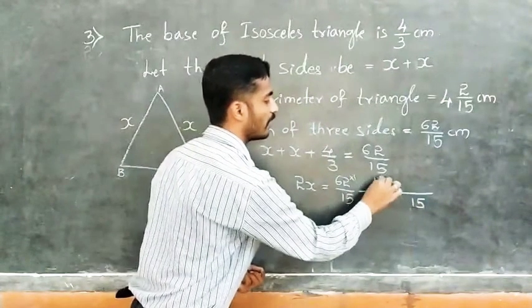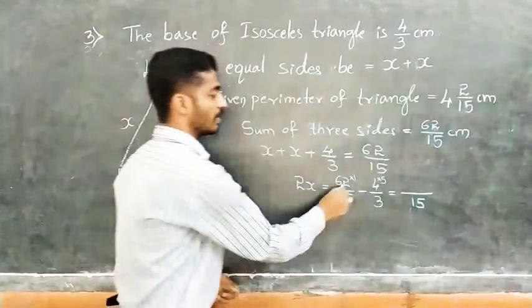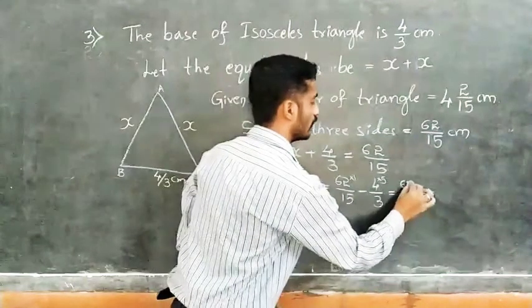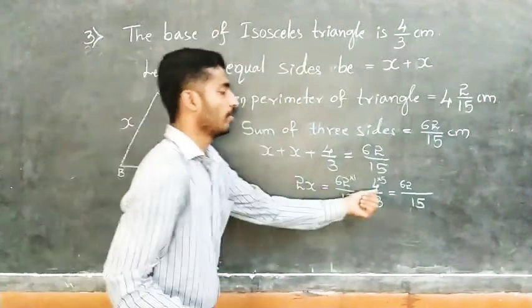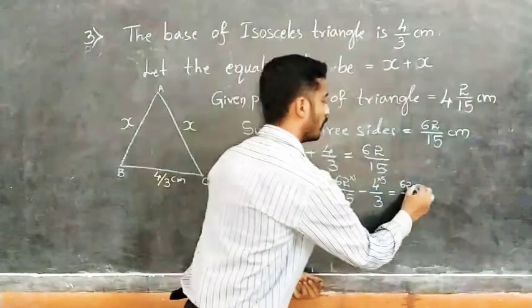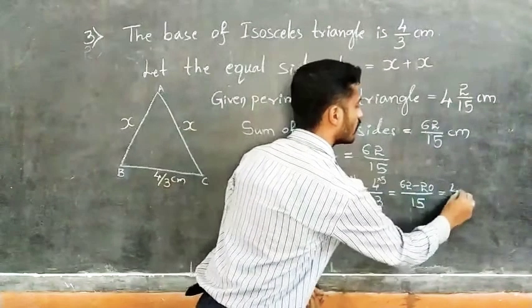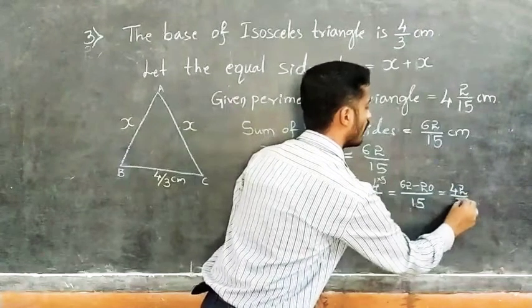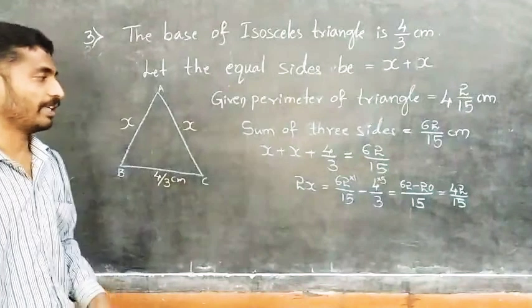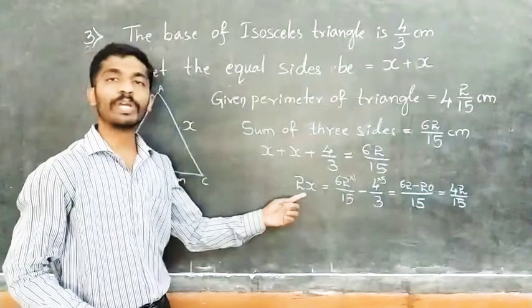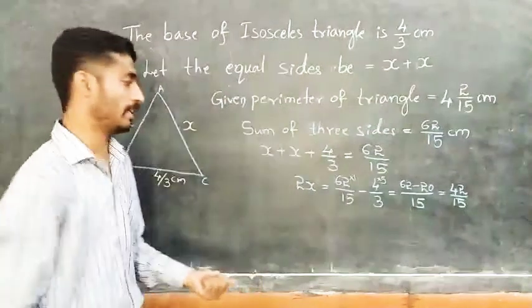So multiply the numerators: 62 into 1, that is 62, and 4 into 5, that is minus 20. So here we will get how much? 42 by 15. But here 2x is there. So take 2 to that side, it becomes divisible.